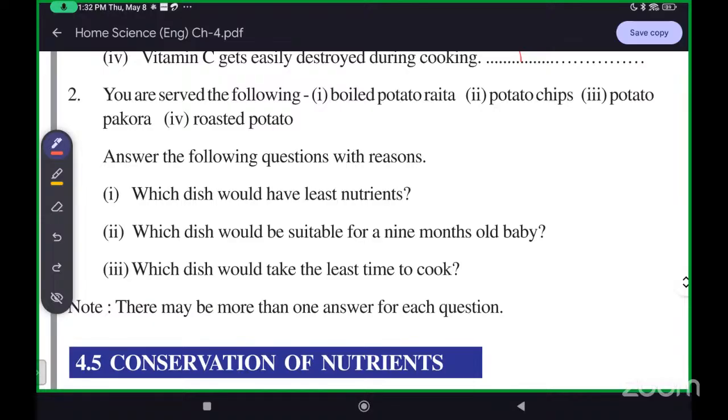Just take 2 minutes and think about all of these, and then I'll ask. I think we need time to think this through and then we answer. I think I know the answer for the first one. What is it? Potato chips. Potato chips. Okay.